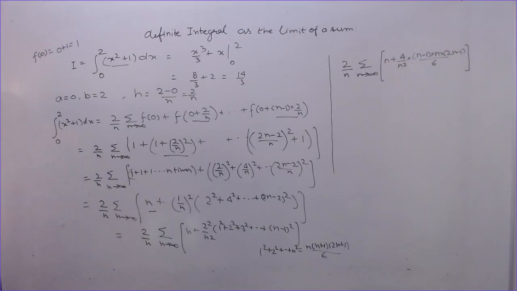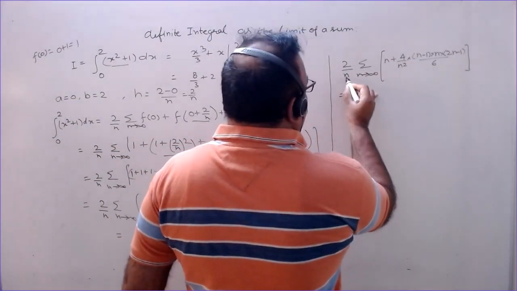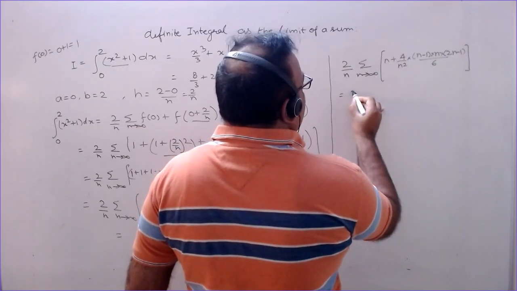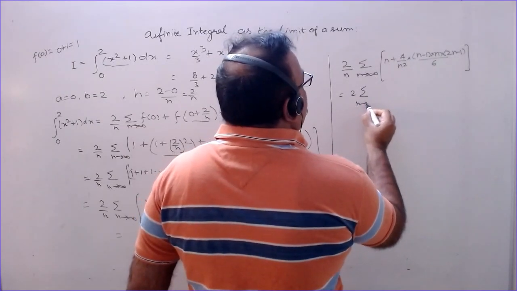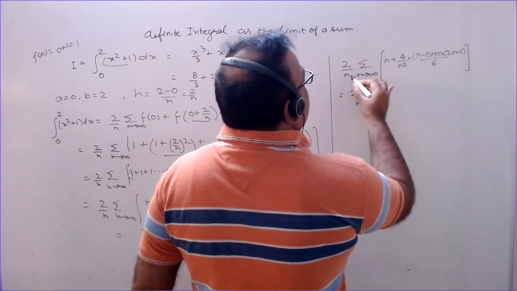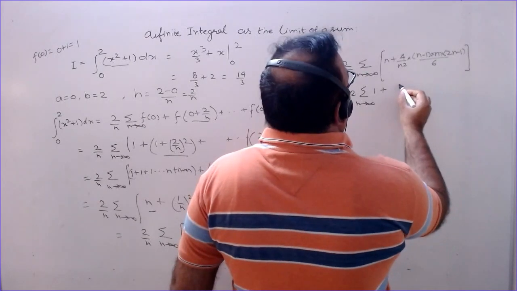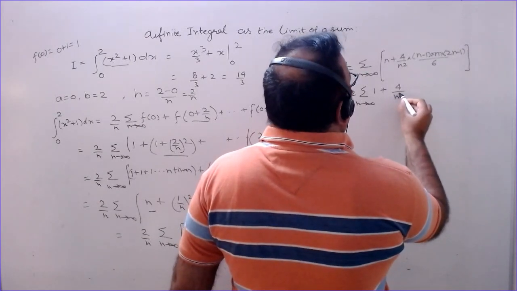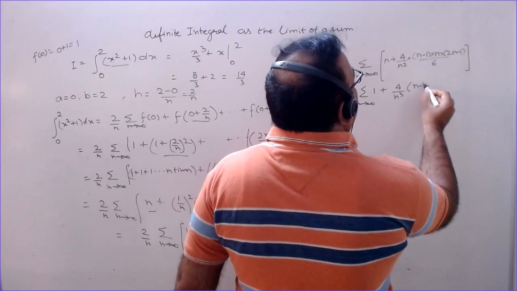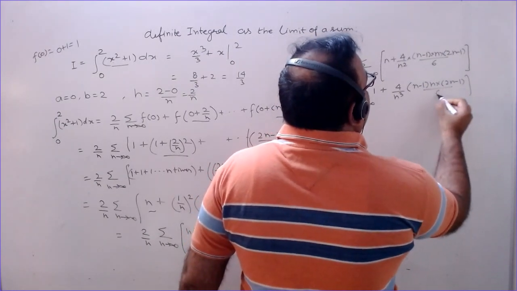So on simplification, this becomes 2 sigma n tending towards infinity. If you multiply 1 by n inside, 1 plus this n cancels this n, 1 by n and n, and 4 divided by n cube, n minus 1, n, 2n minus 1 divided by 6.